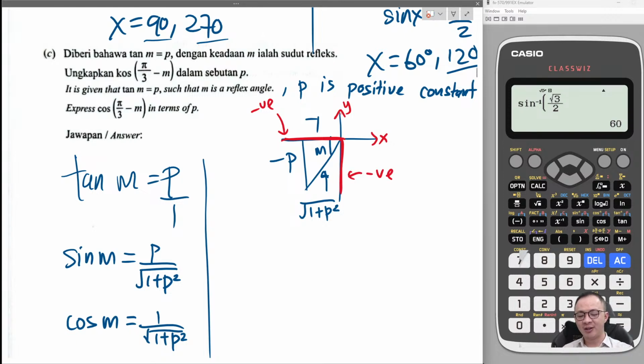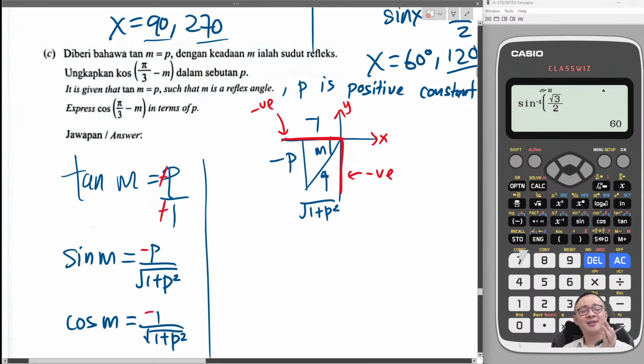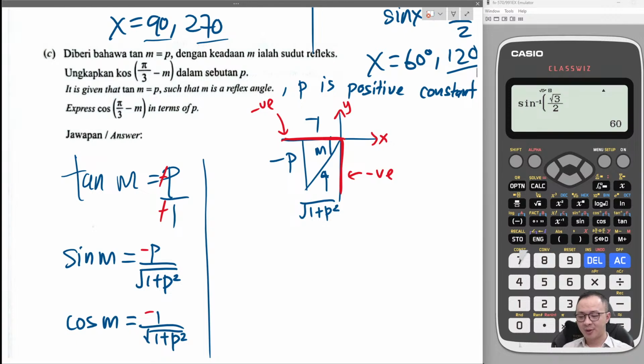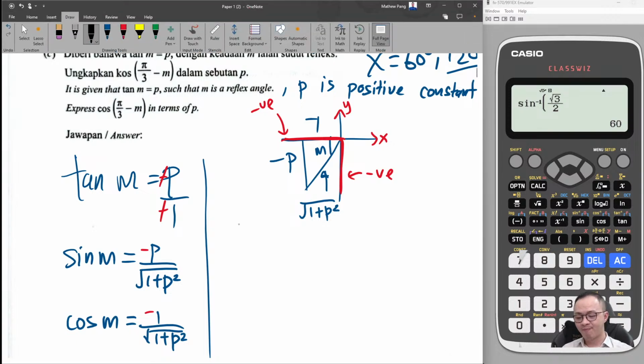So therefore, for 1 and P, you need to add a negative for it. But you might ask, how come tangent positive? Because both also got negative, right? Then they can cancel and become positive. But this one cannot. And some more, in the third quadrant, sine and cos should be negative.